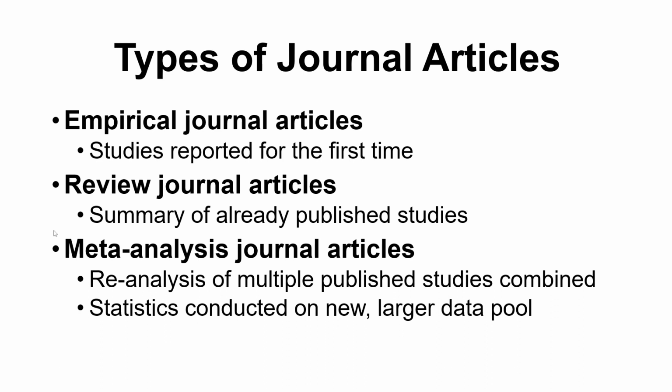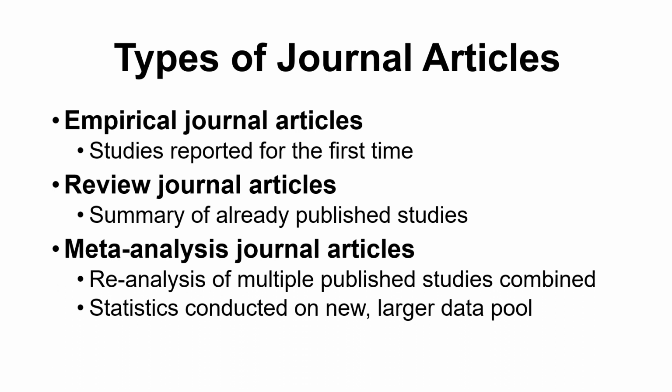And then similar, but sort of in their own category, this is where we run into our meta-analyses. So these are articles that not just look at other studies that have been conducted to make sort of broad conclusions, but here it's actually a statistical approach. So a meta-analysis means that they are going to reanalyze the data that's been reported in a whole bunch of published studies.